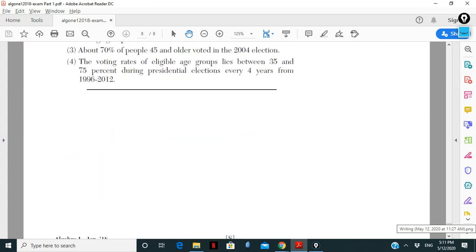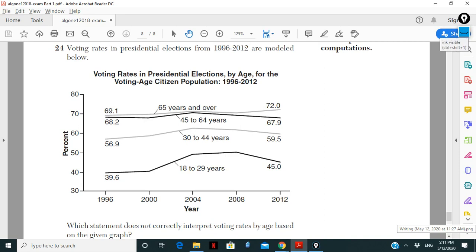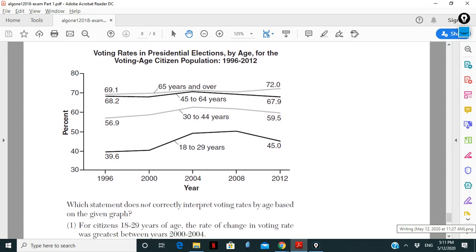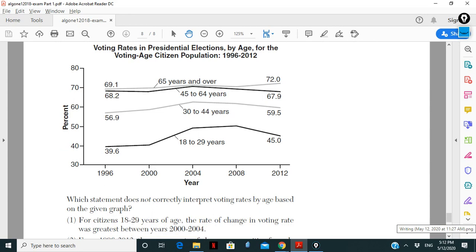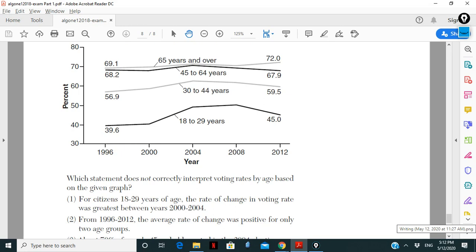Question number 25. That's the last one. Voting results in presidential elections from 1996 to 2012 are modeled below. So voting rate in presidential elections by age for the voting age citizen population. Which statement isn't correct in terms of voting by age based on the graph?